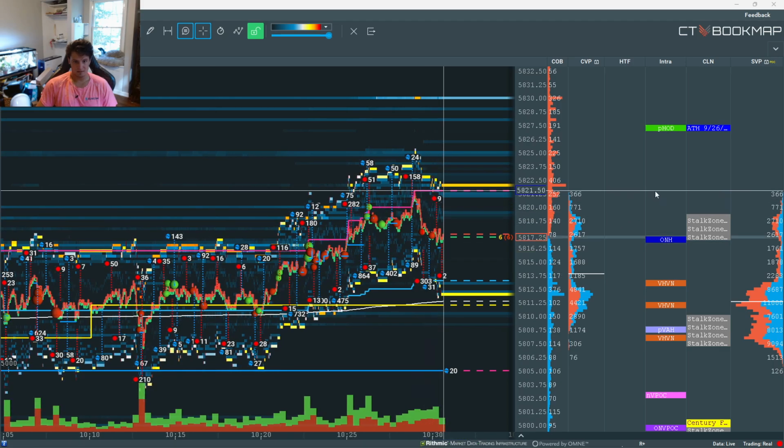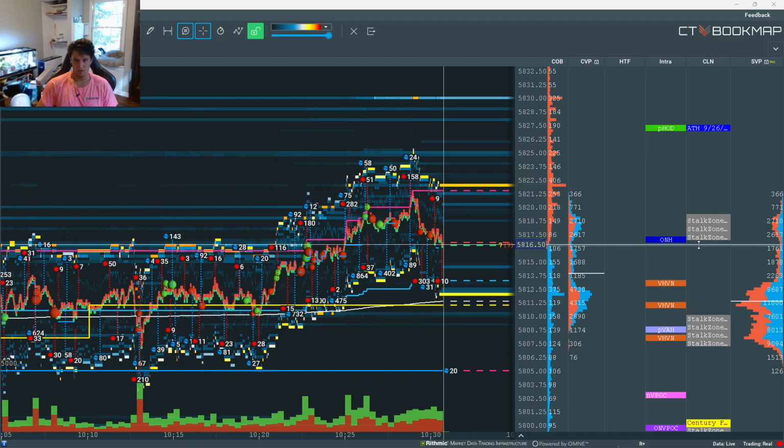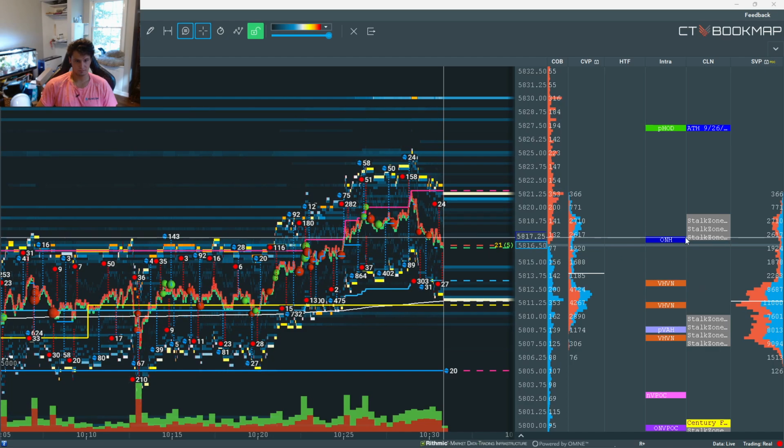We have the IB 60 here. Pushing into these 16s. This auction.